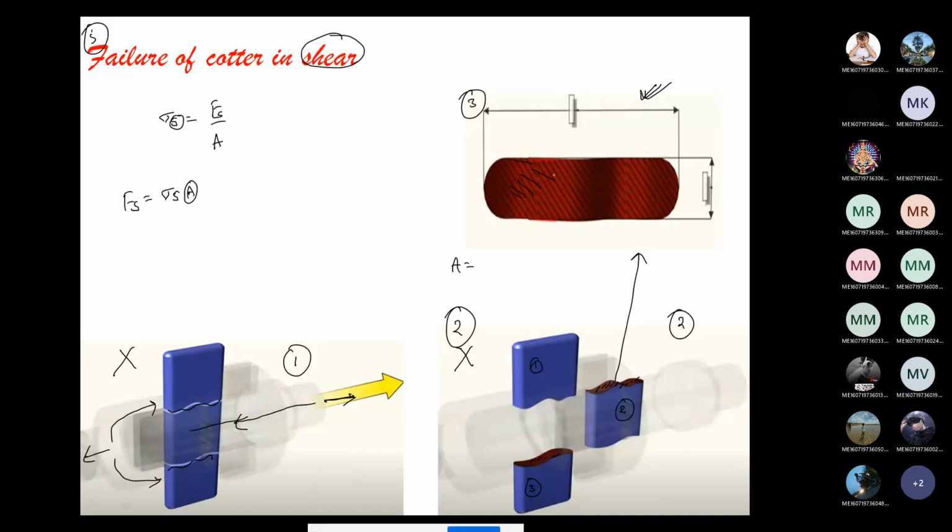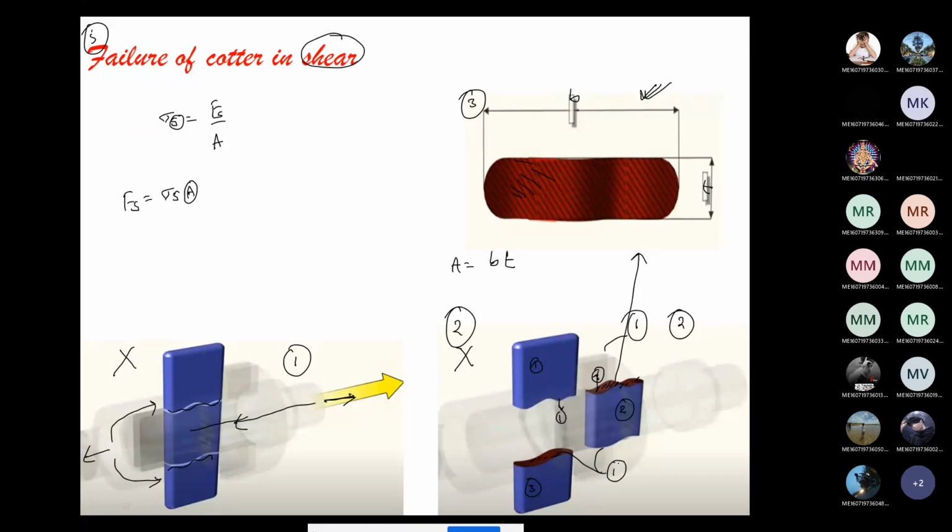What is the area? This is the width B, and this is the thickness T. Now area is B into T for one shear. In this figure, two shear failures we can find: at the bottom, these two combine as one failure, and here the other combines as one.